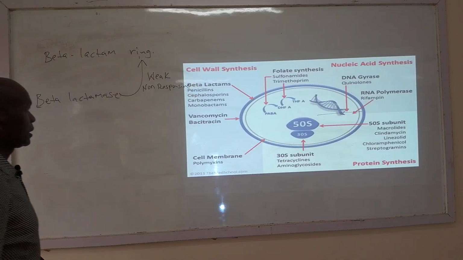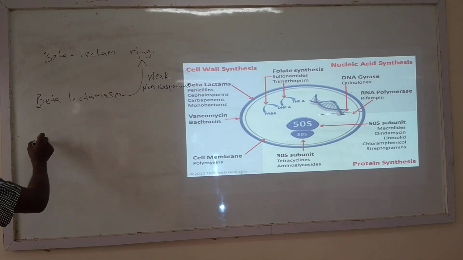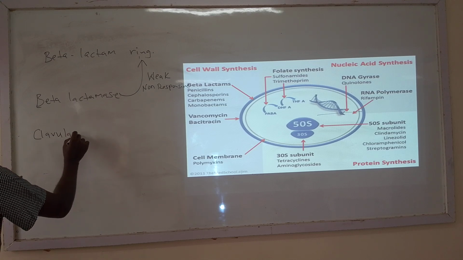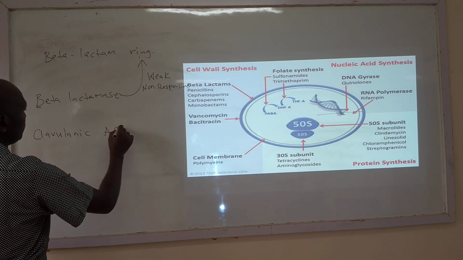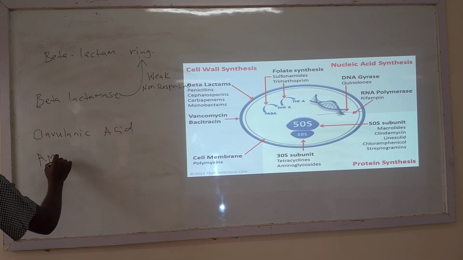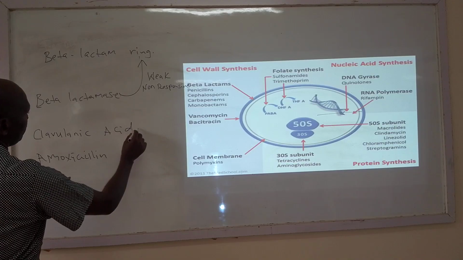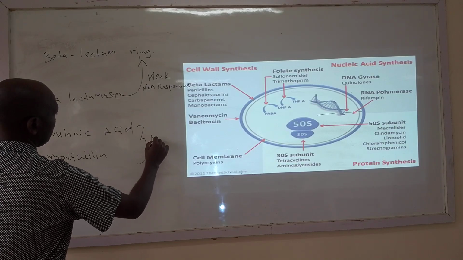So the manufacturers of antibiotics, after realizing this scenario, decided to add a molecule to these antibiotics. A good example of that molecule is clavulanic acid, which is normally added to something like amoxicillin to give you amoxiclav.